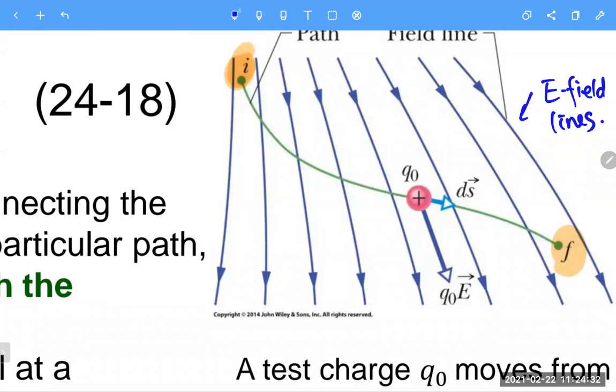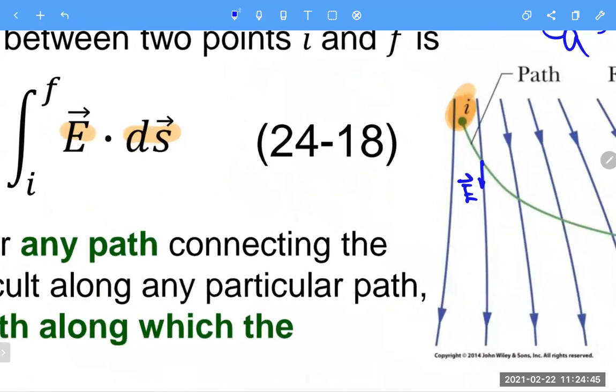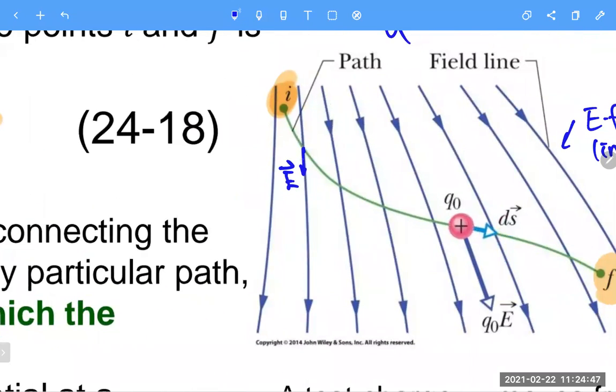For example, for these points, we have the E field like this, and then it should dot with the ds. ds is the tangent direction.